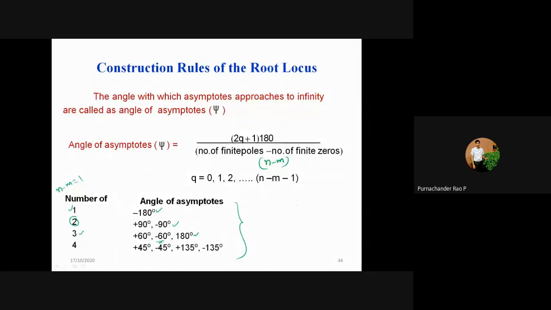If n minus m is equal to 4, the angles are plus 45, minus 45, plus 135, and minus 135. With these angles, the asymptotes will terminate towards infinity.